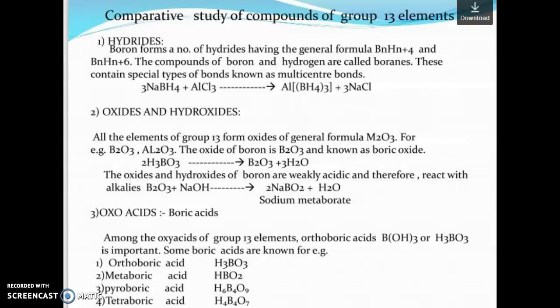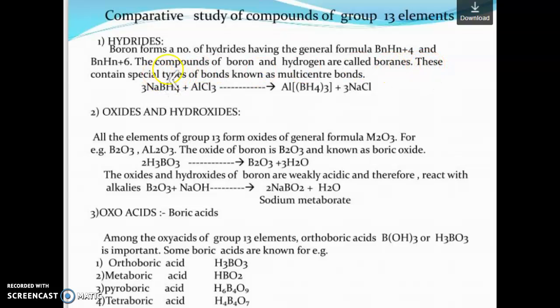Now the next topic is hydrides of boron. Boron forms a number of hydrides having the general formulas BnHn plus 4 and BnHn plus 6. The compounds of boron and hydrogen are called boranes.